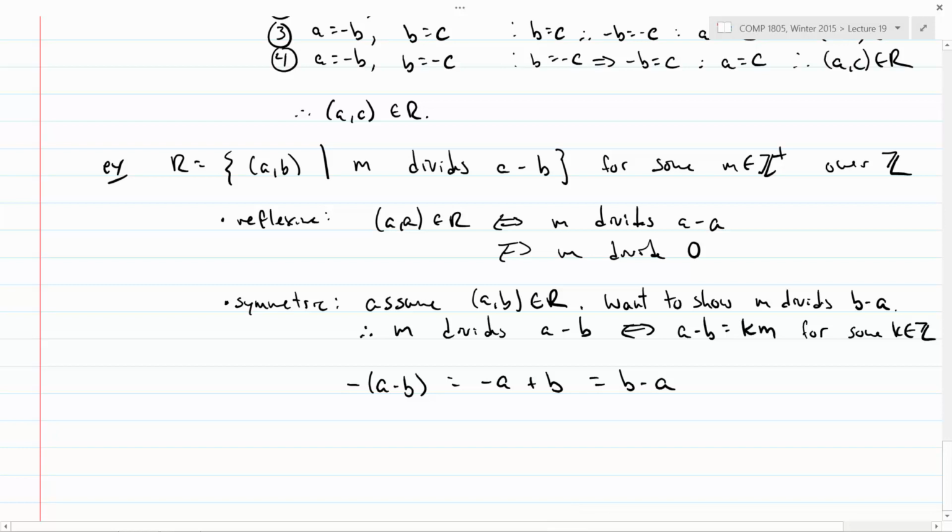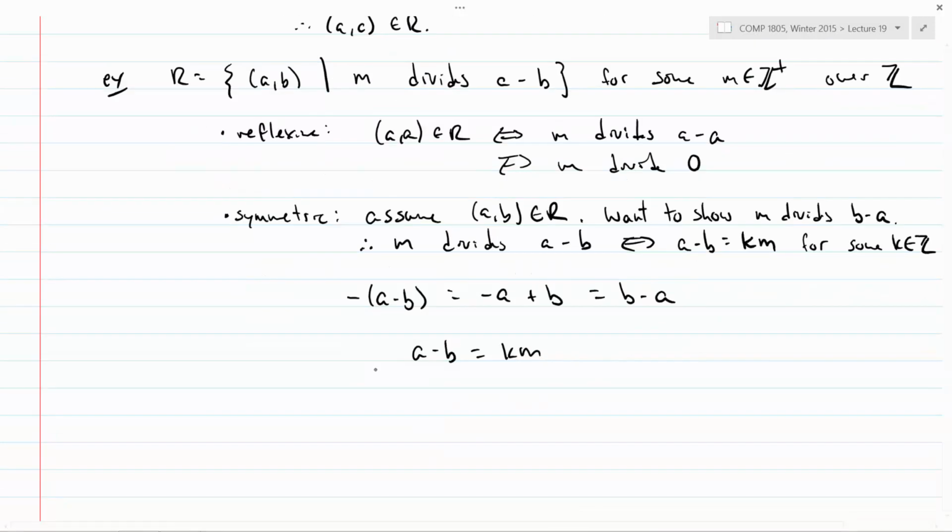So I know that a minus b equals km. And therefore, minus (a minus b) equals minus km. And I know that minus (a minus b) is exactly the same thing as b minus a, which is nice. And if k is an integer, then minus k is also an integer. So minus k is some integer.